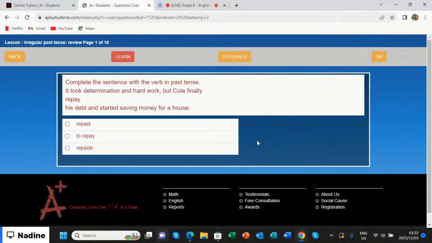What is the verb in the past tense of repay? Is it repaid, to repay, or repaids? So the past tense of repay, is it repaid, to repay, or repaids?